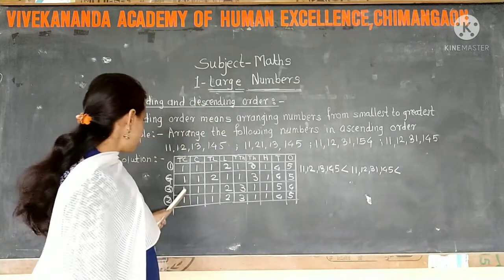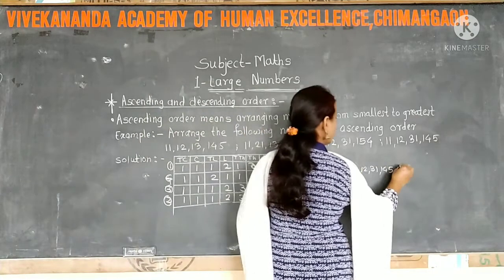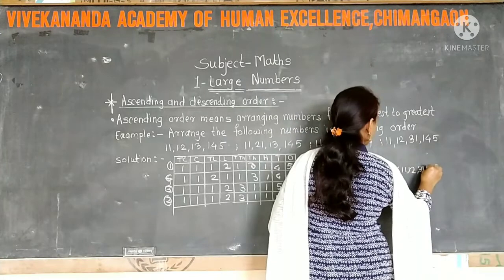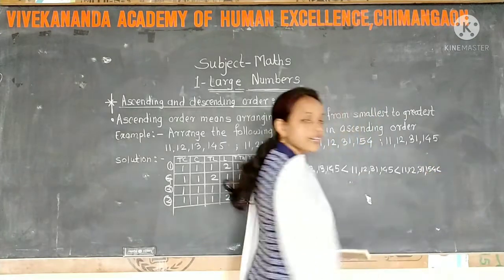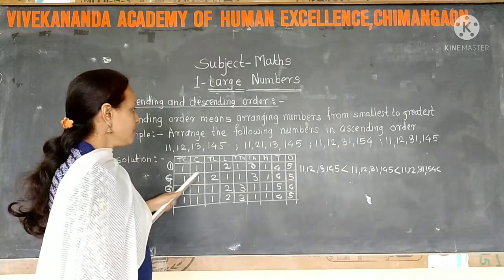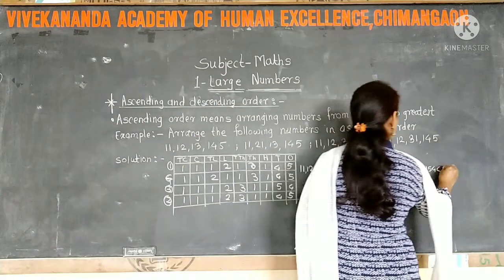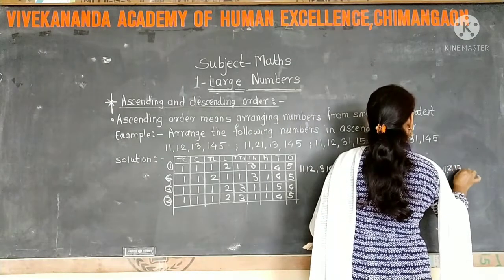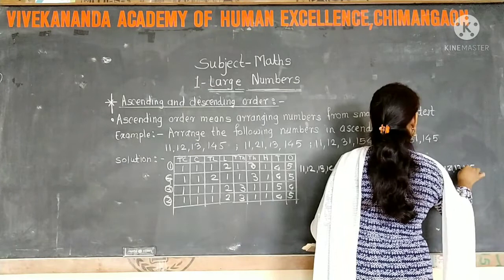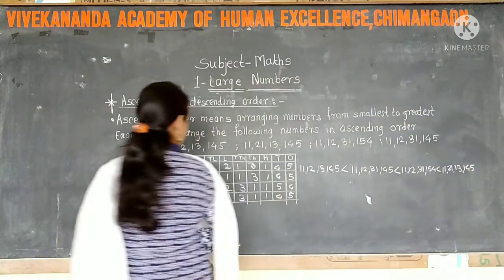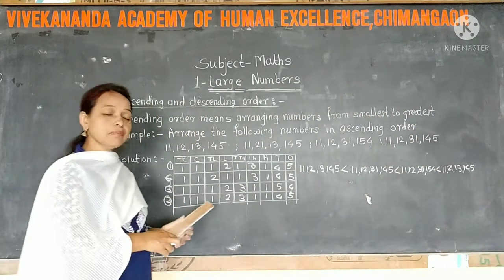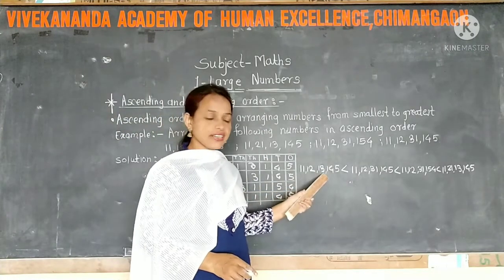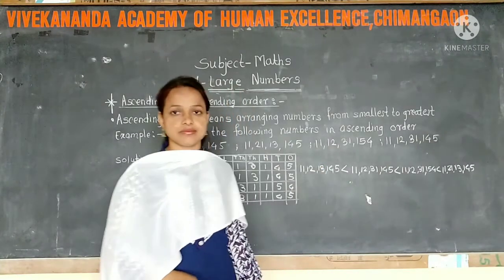Greater than this third number 11 crore 12 lakh 31,154 and greatest number is 11 crore 21 lakh 30,145. So see student, in this way here by comparing a given number we write a given number in ascending order as smallest to greatest.